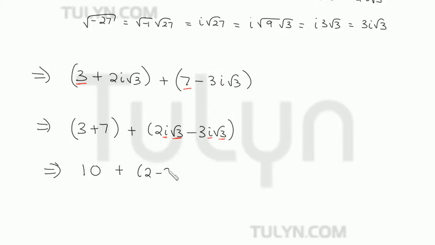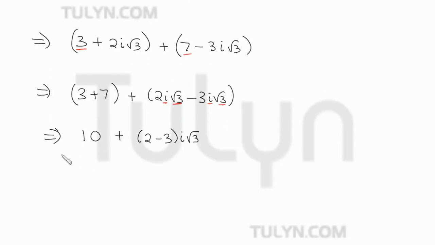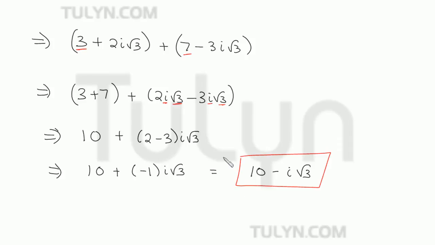And then here, I'm left with 3, multiplied by i times square root of 3. So simplifying, we get 10 plus negative 1 times i square root of 3, which is just 10 minus i square root of 3. And since there's nothing else we can do to combine these two numbers, this is our final result.